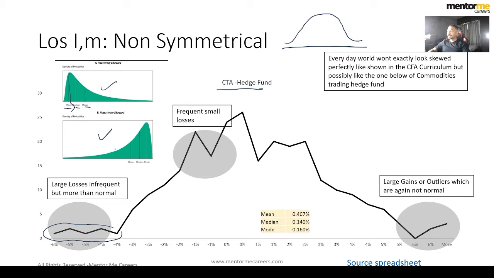And if you look at the negatively skewed data, this is the skew, and this is the skew on the right hand side. We can see that again the data is structured from mean, median, and mode to the right. And if you look at the proper hedge fund data, you can clearly see that your mean is 0.407, which is higher, your median is slightly lower than that, and the lowest is actually 0.106, which is the mode.